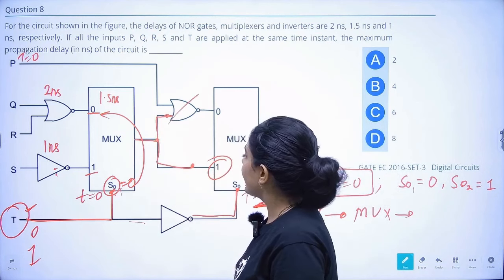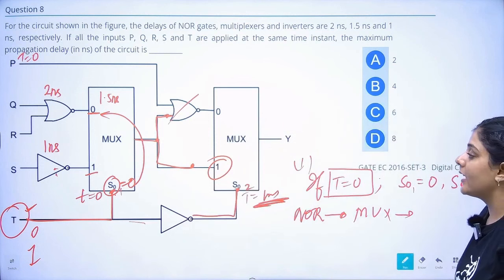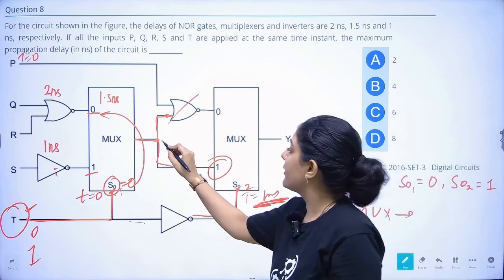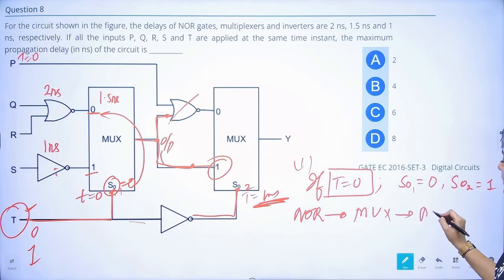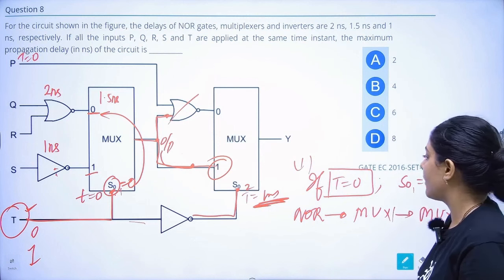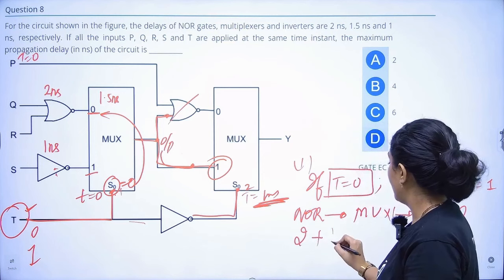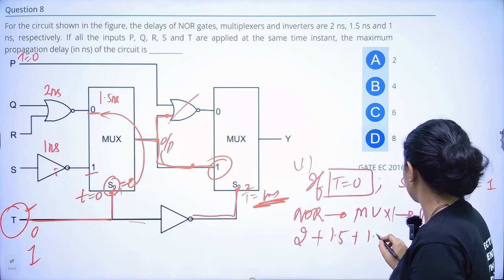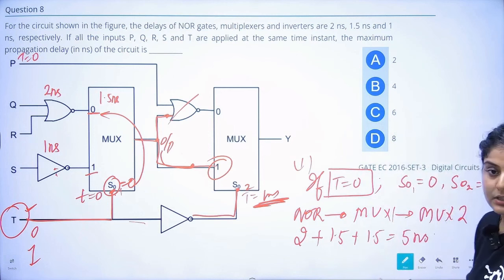This is not selected in the first case, so input 1 is selected, which means the output goes directly to this, so no time will be taken. So mux 1 and mux 2, and finally the output. How much time will be taken? Here 2 plus mux 1, 1.5, plus mux 2, 1.5, that will be 5 nanoseconds. But this is our first case, right?